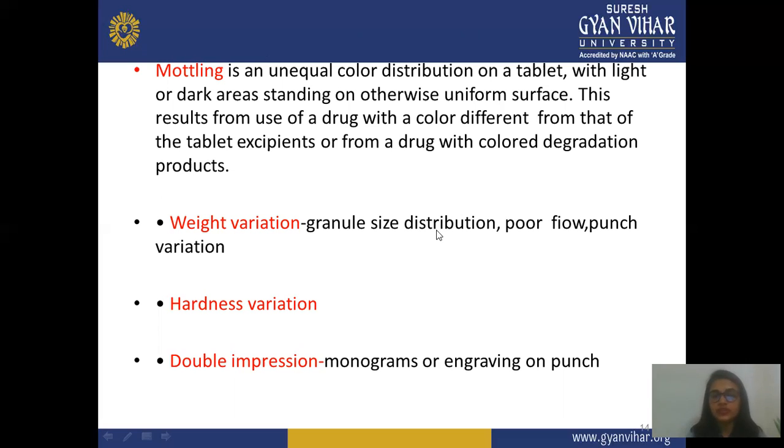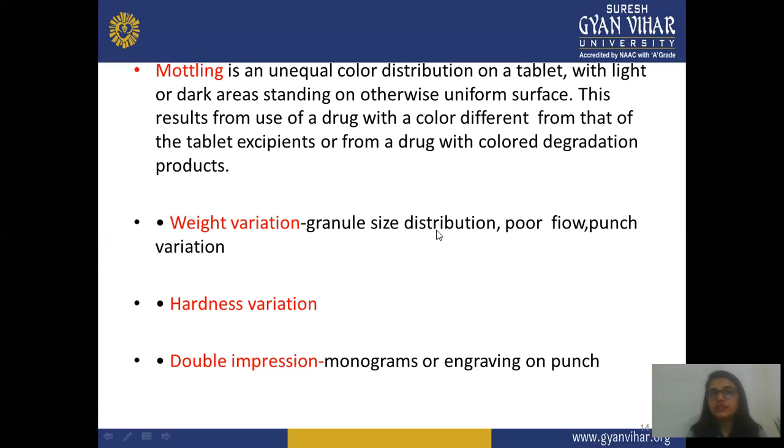In weight variation, you can see granule size distribution, poor flow, and punch variation. If you don't use the proper punch, or you change the punch, or the granule size is not good or not properly distributed, in this condition you can say that the weight variation problem occurs.